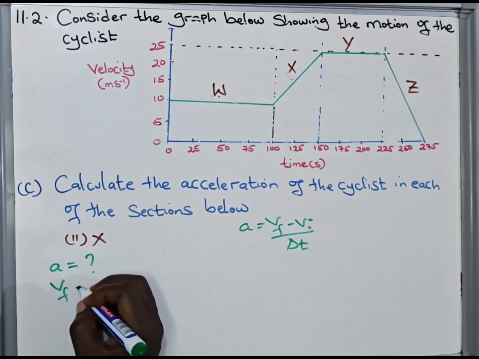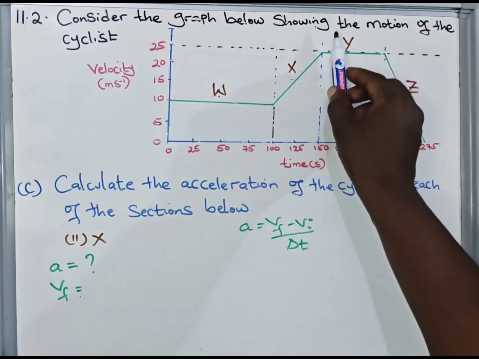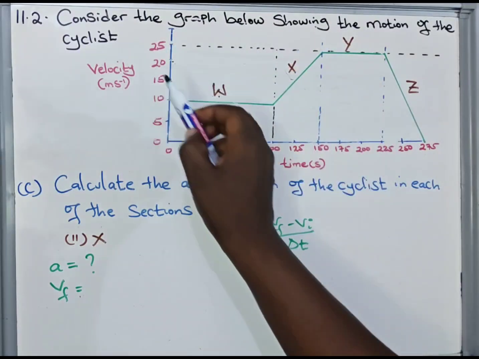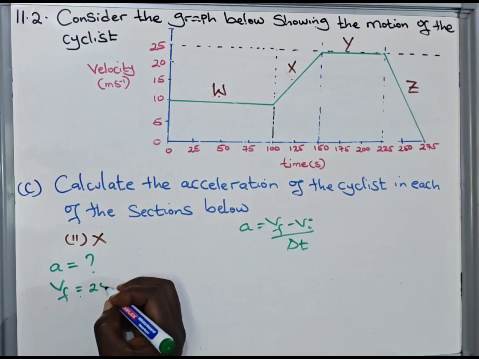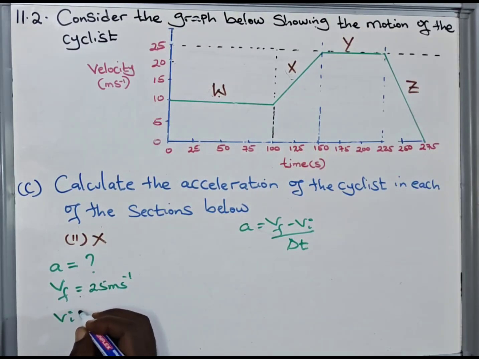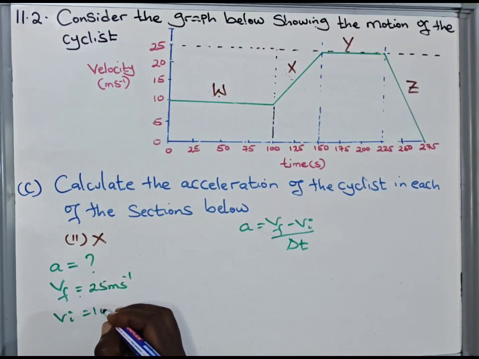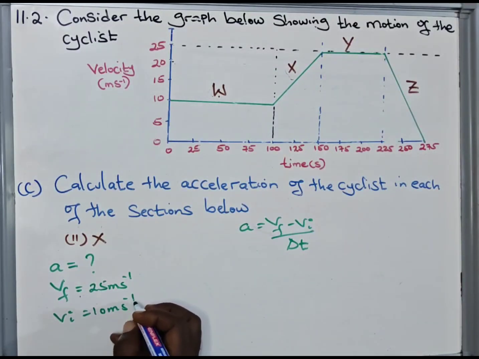We are talking about phase X, and our Vf is 25 meters per second, and our Vi is 10 meters per second.